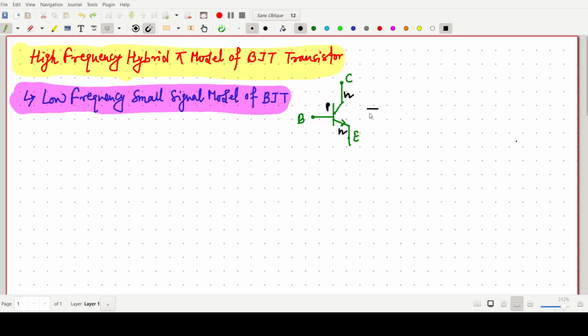As we go for the small signal model that I already covered, how do we draw the small signal model? This one is, say, the base in, this one is the collector in, and this one is our emitter in.